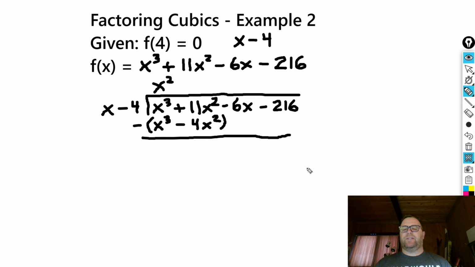And x cubed minus x cubed, those just cancel out. 11x squared minus a negative 4x squared is 11x squared plus 4x squared. It's the same thing. Subtracting a negative is like adding a positive. So we're going to get 15x squared here. Okay, we're going to bring down the minus 6x. And likewise, we'll bring down the minus 216 here.